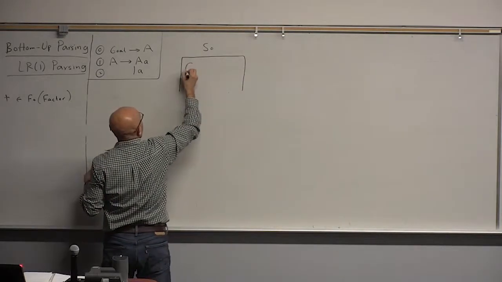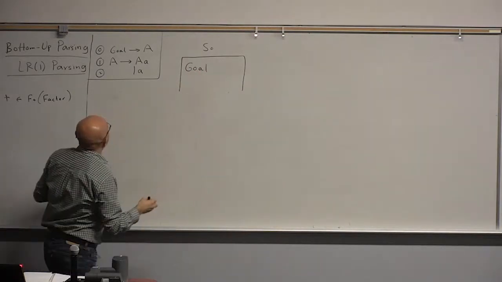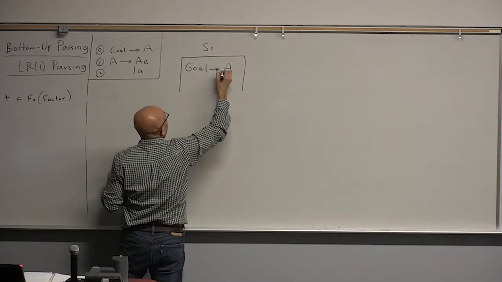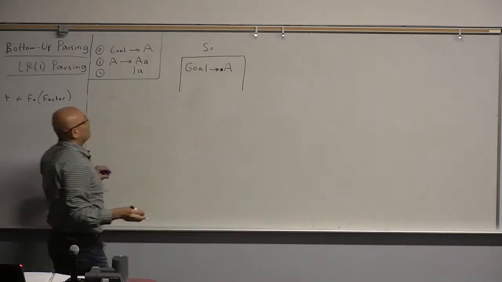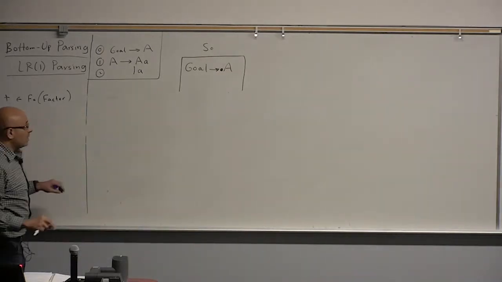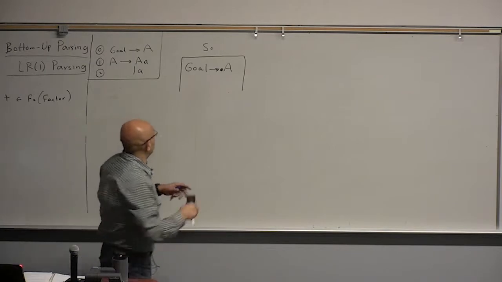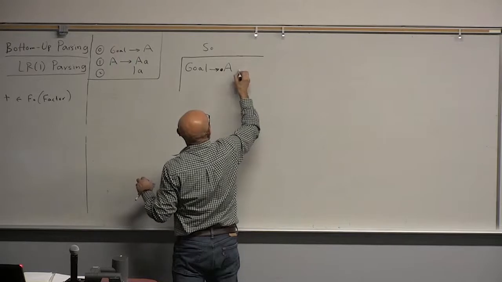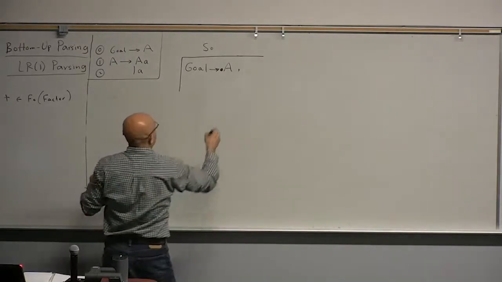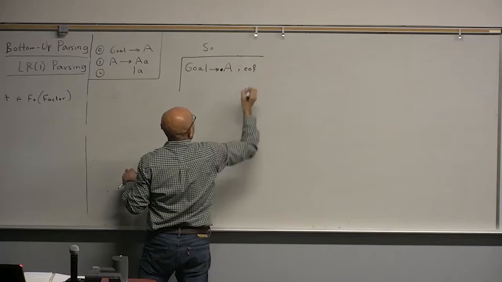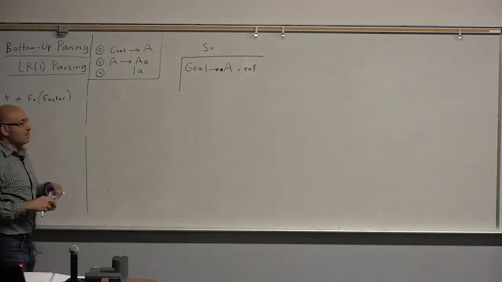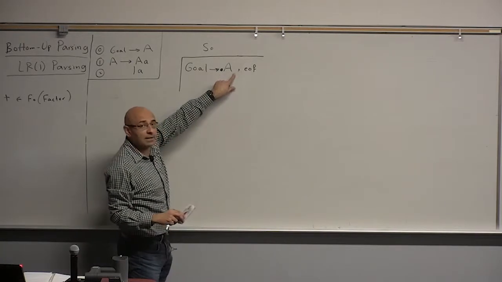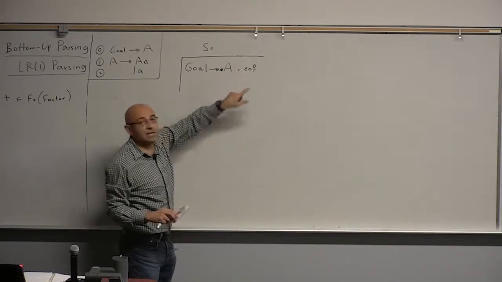We are goal, A, and we are at the beginning of A, but we should keep in mind that our look ahead is end of file. What does this mean? It means that when this dot moves from goal to the end of A, this placeholder moves, then we should see end of file.